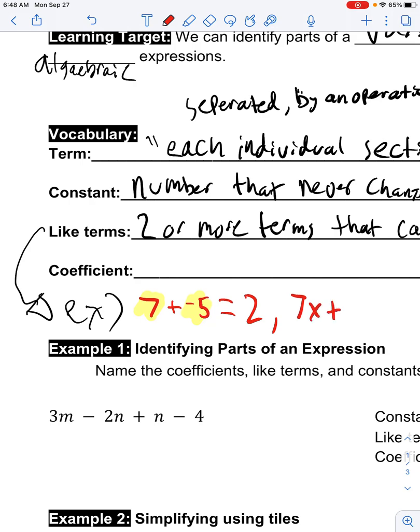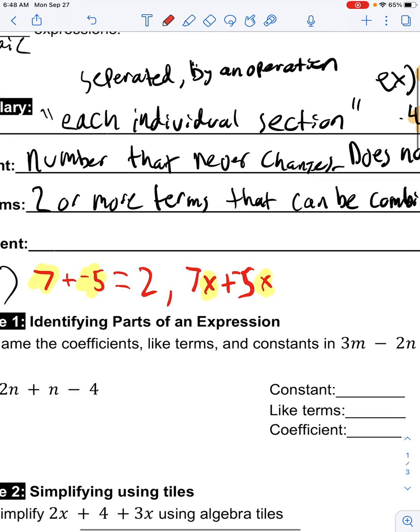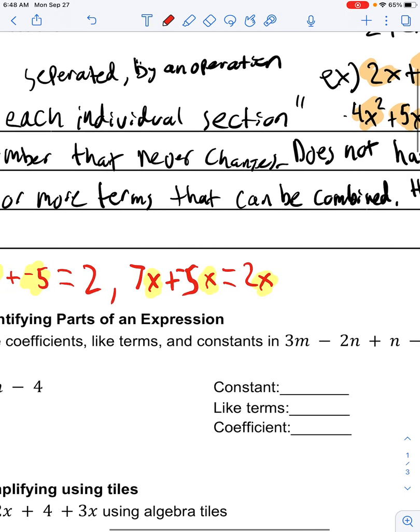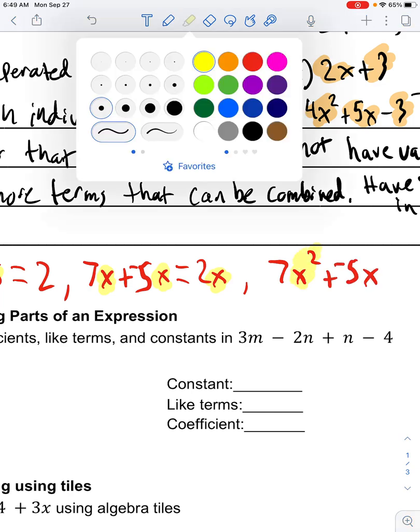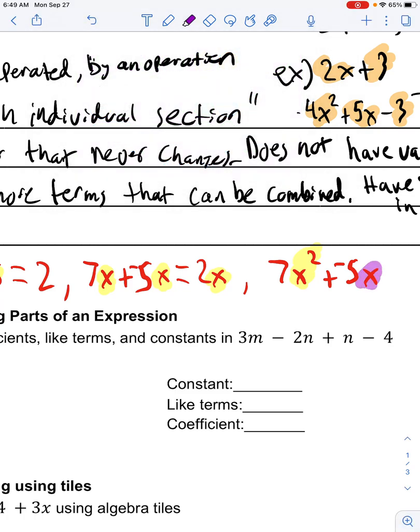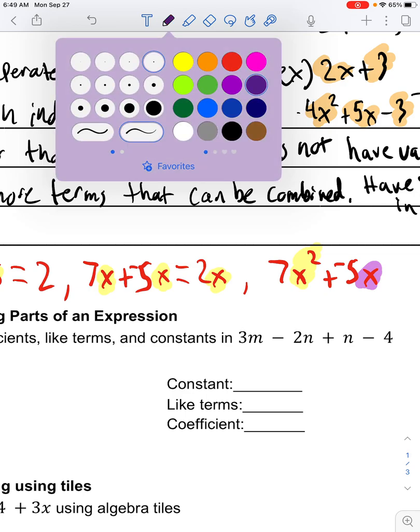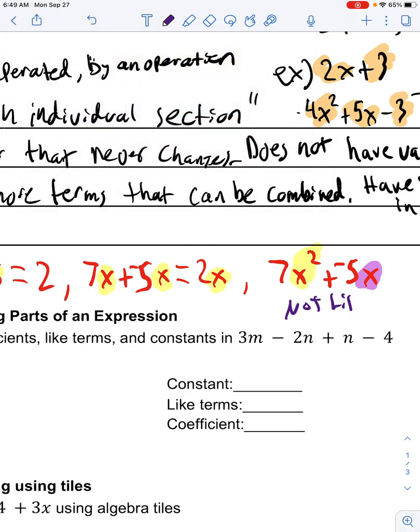Another example, let's say I have 7x plus -2 or -5x. Because both of these terms have this same x, we can combine them because they are like terms, and get an answer of 2x. However, if it's got an exponent, so let's say 7x squared plus -5x, these are not like terms because of that exponent.